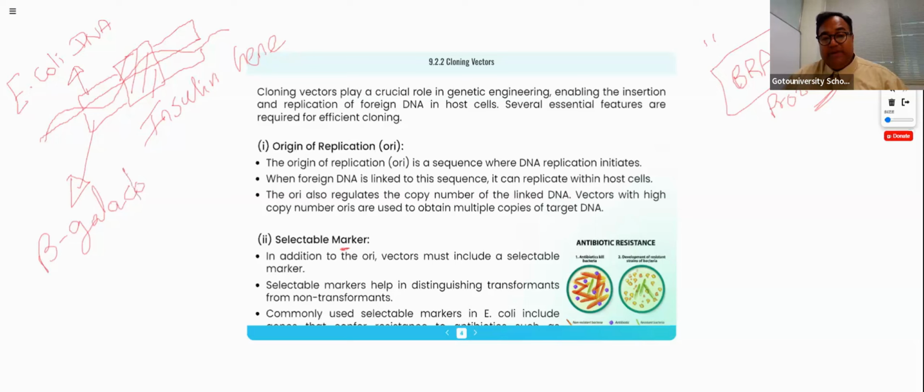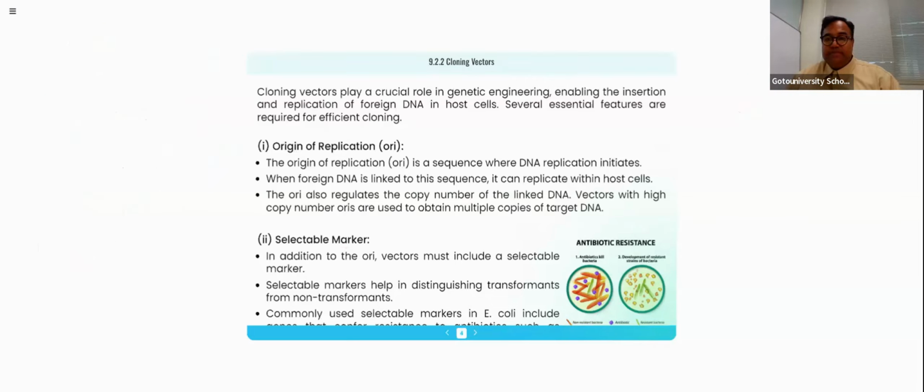This beta galactosidase enzyme is responsible for breaking the lactose. So again, I'm repeating, calmly listen to me. The E. coli DNA may or may not have the foreign gene, I don't know exactly. To cross-examine it, I'll tell you one by one, listen very carefully.